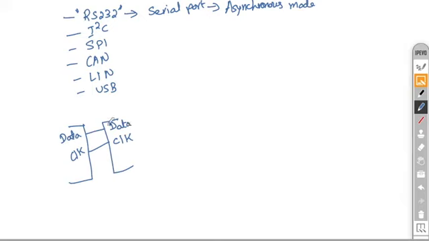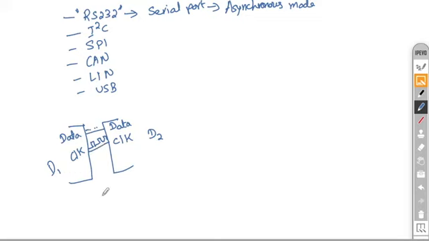The data line is common, so if device 1 wants to transmit data, it drops the data on this line and shares the clock, the bit rate at which the data is being transmitted. For each clock pulse, it will trigger the device to receive one bit of information. So this is the synchronized way.